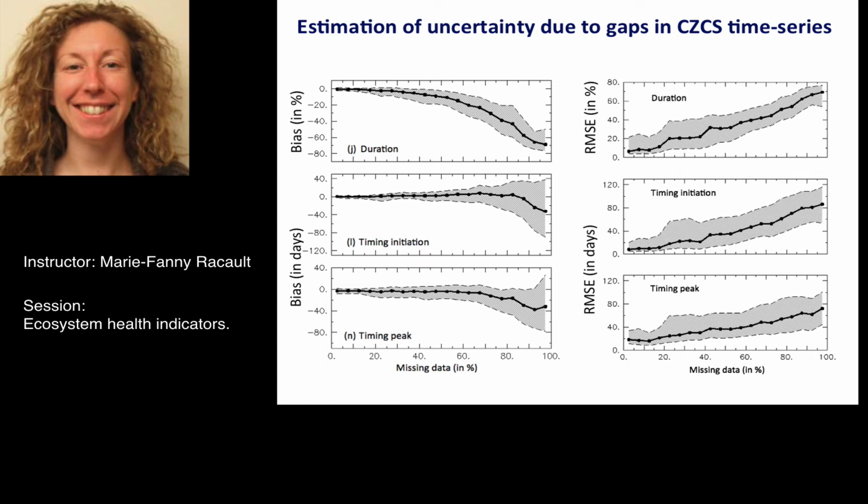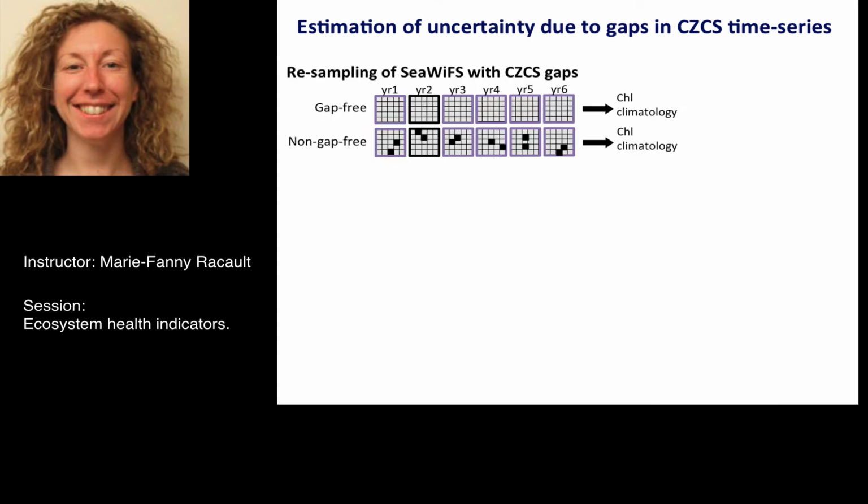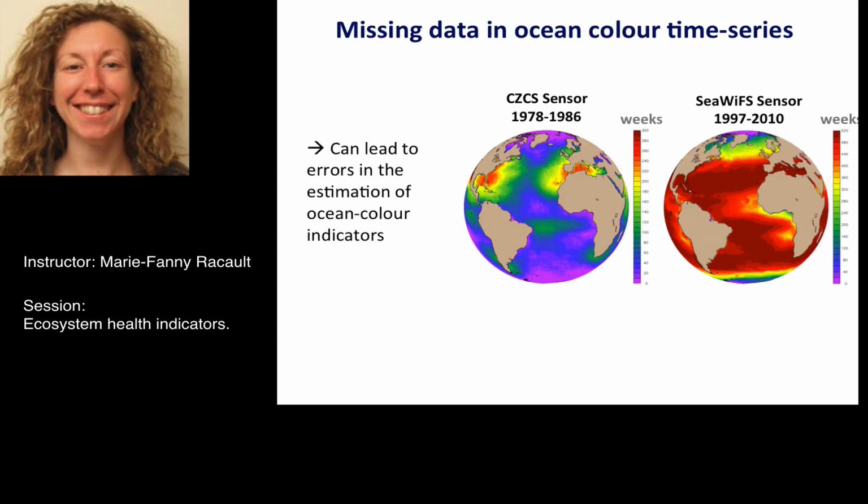So based on the climatology, and this is looking at the bias, we see that as soon as we reach about 60% of data coverage or data availability from what you would get normally, then your bias is very, very small. I mean, it's only a few percent. Of course, if you get time series with 80% or 90% gap, you get much higher bias.